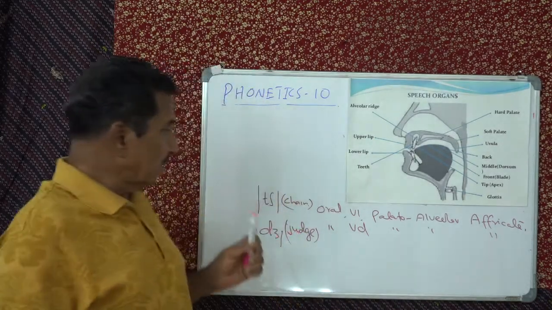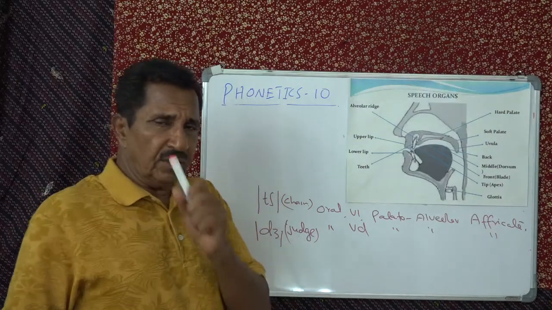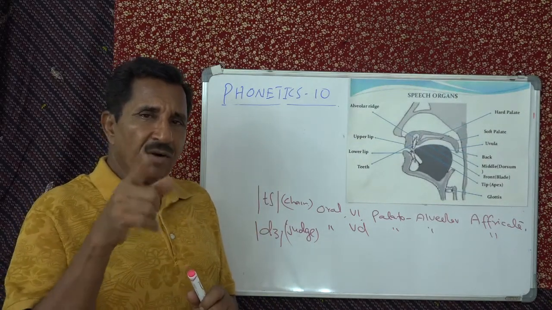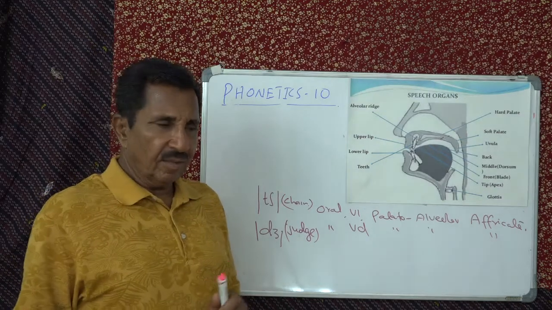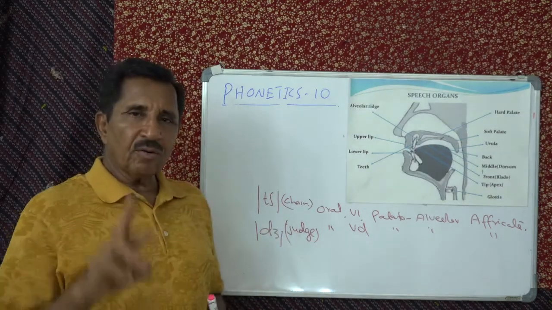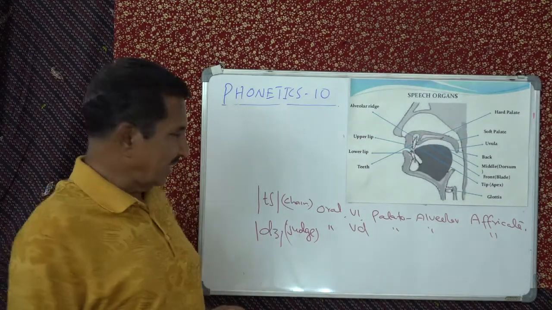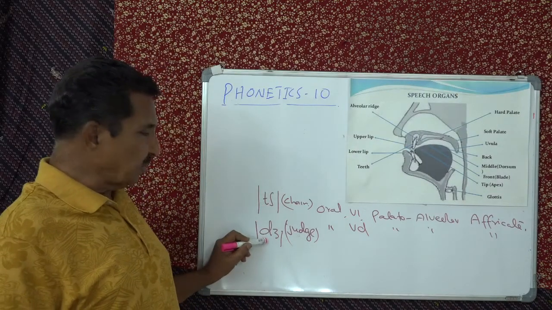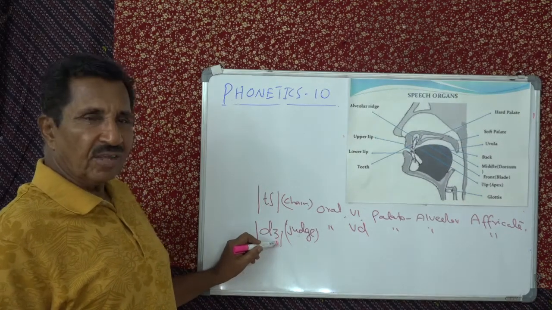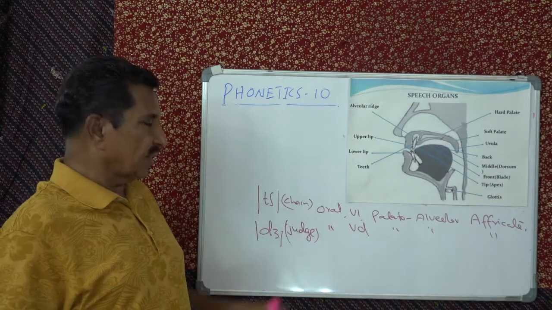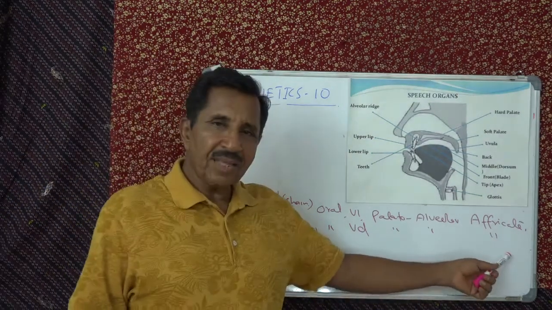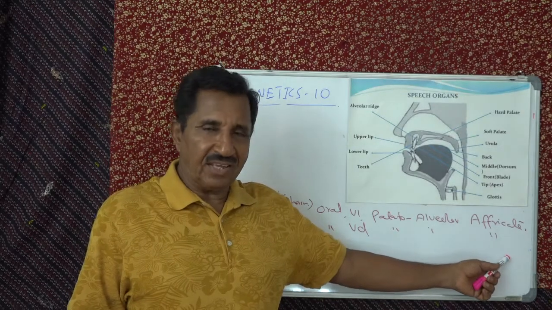Remember this. These are the only two consonant sounds that have two members in one sound. In the production of this sound you have two members. Listen. This is plosion, this is friction, this is plosive and this is fricative. So plosion and friction. Therefore you give a pet name, a favorite name, affricate.